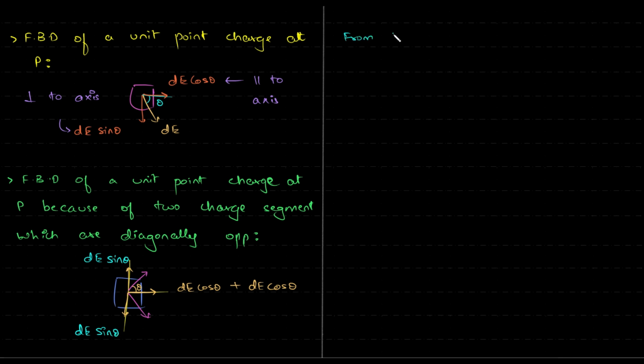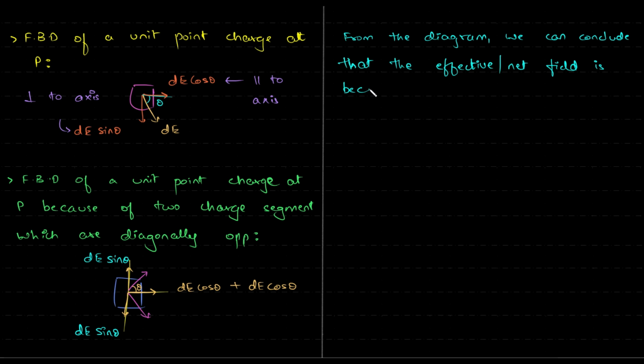So from the diagram, what can we conclude? We can conclude that the effective or the net field is because of the parallel component.